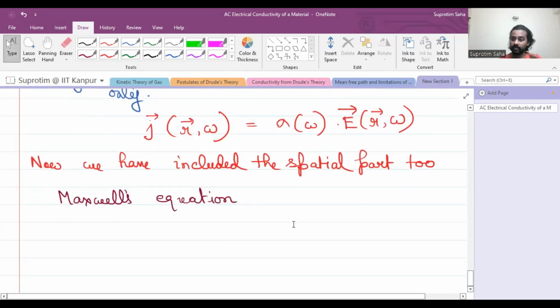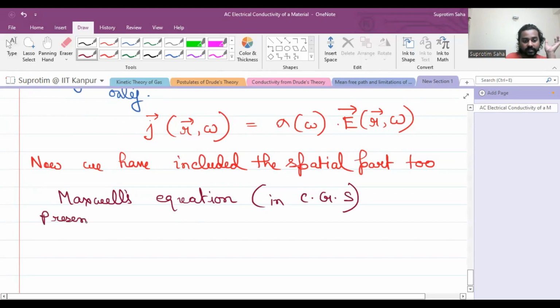We will get the form of the dielectric constant from this very equation, which is J(r) equals sigma times E. So in CGS, fine, presence of only current density J.